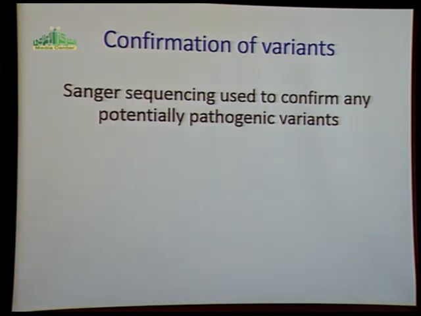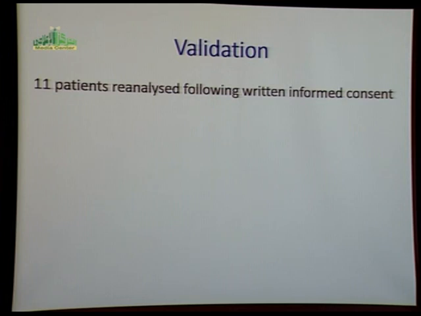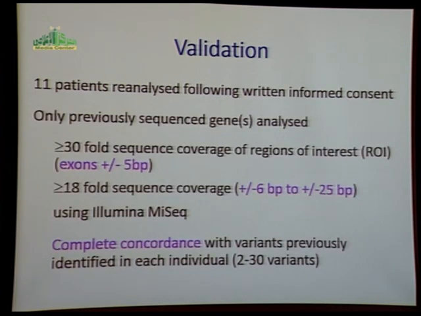Once we've undertaken our next-gen sequencing, we use Sanger sequencing to confirm any potentially pathogenic variants. During the validation of the hemostasis panel, we reanalysed a number of patients that had previously had Sanger sequencing undertaken. We only analysed the genes of interest which had previously been investigated.